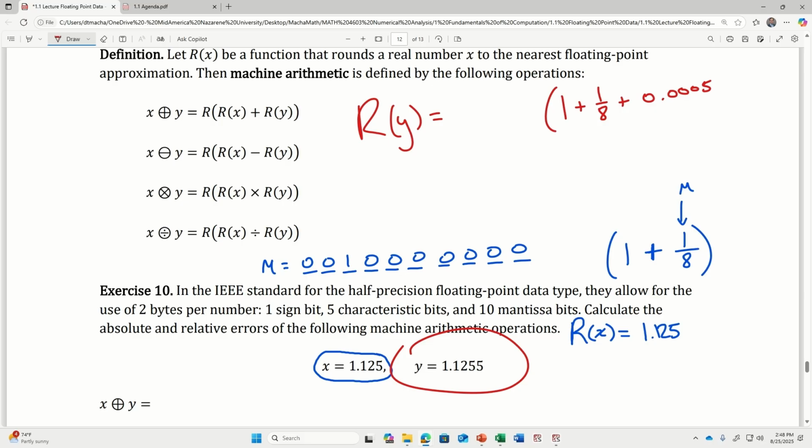But I still have a whole bunch of other bits in my mantissa that I can tweak and move around with. Like, if this is a half, and this is a fourth, and this is an eighth, and this is a 16th, and then 32nd, 64th, 128th, 256th, 1 over 512, 1 over 1024.